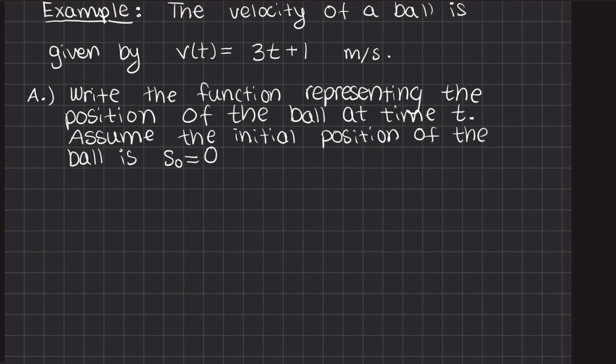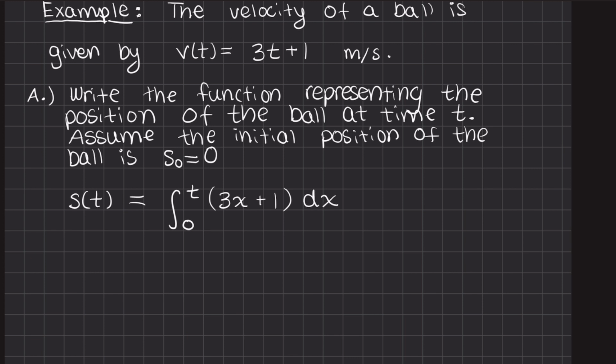So what we can do is solve for our position function by finding the antiderivative of velocity. We can actually set this up to be the integral from 0 to t of our velocity function. I'm going to use the variable x in here so that I'm not confusing the bound with the variable that's in my function.